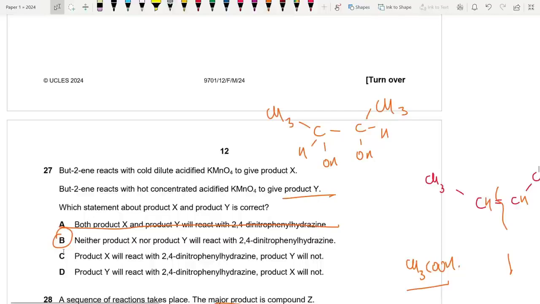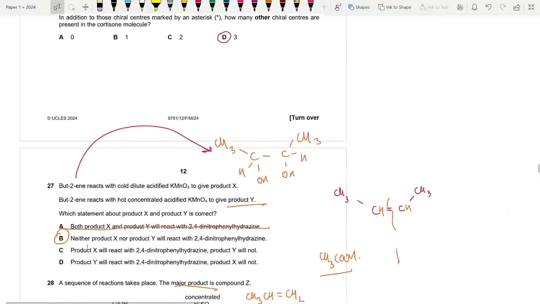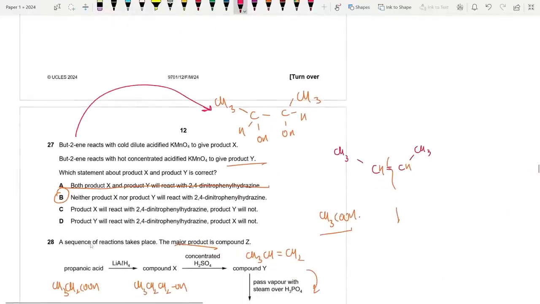27. Butene reacts with cold dilute acidified KMnO4 to give product X. Okay, so we know that cold dilute KMnO4 reacts with alkenes to form a diol. So this is the diol that we get. I drew it over here. And then butene reacts with hot concentrated KMnO4. There will be oxidative cleavage, and we will end up with 2 molecules of ethanoic acid, because this carbon has only 1 alkyl group attached to it.